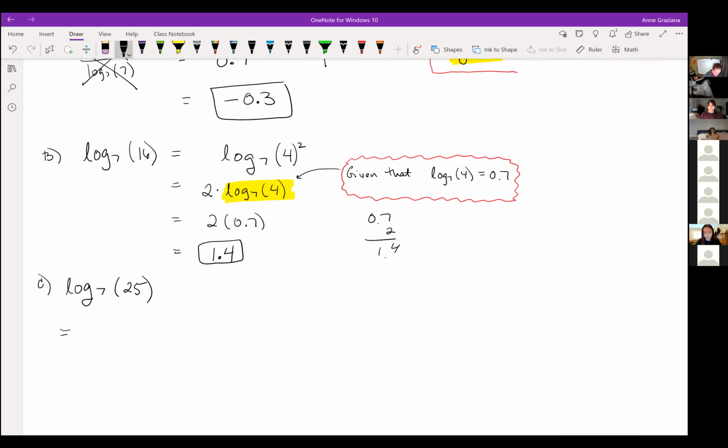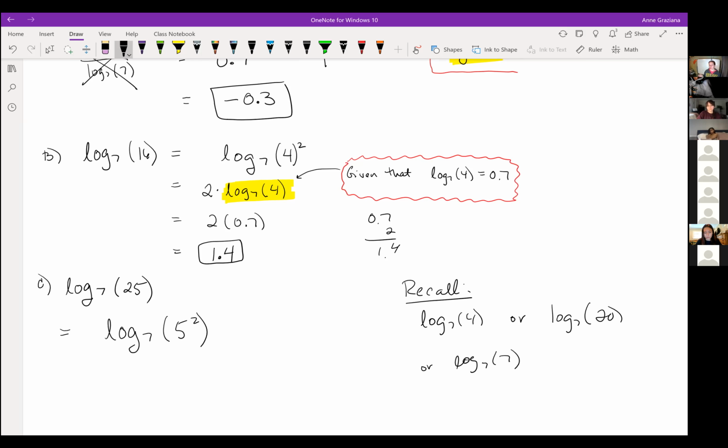So one thing I can do, sometimes you just say, okay, let me start somewhere. I know that this is 5 squared. And so just recall, I'm looking for log base 7 of 4 or log base 7 of 20 or log base 7 of 7. That's stuff I know about.